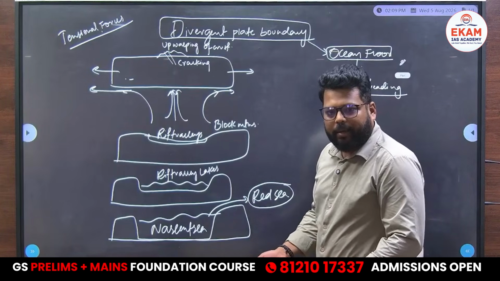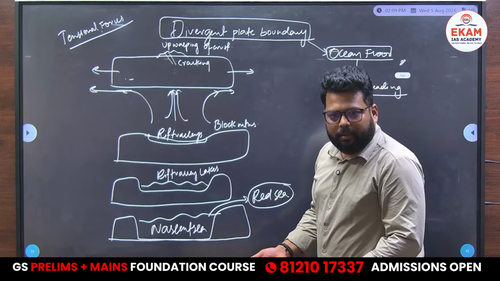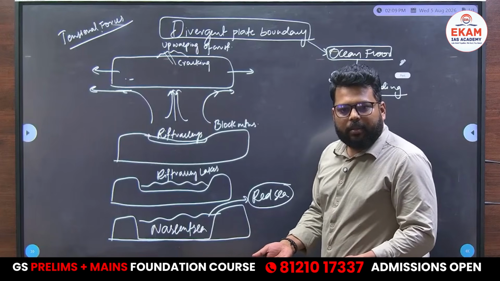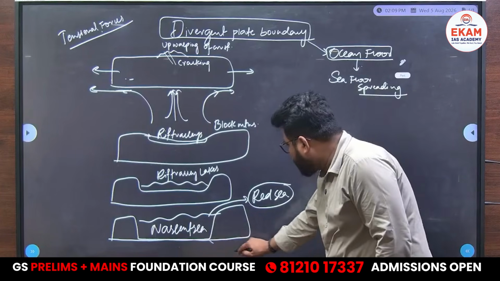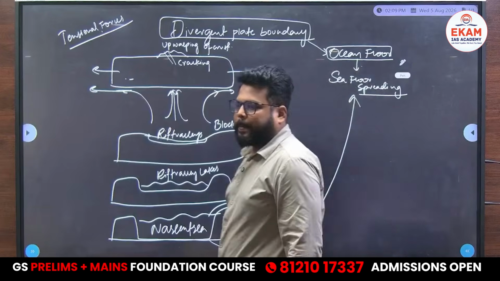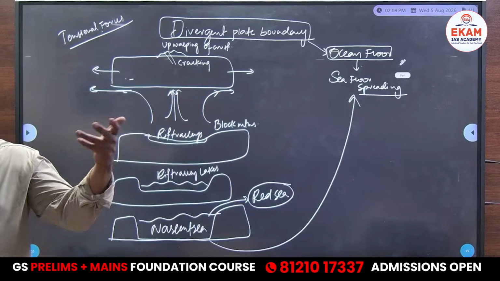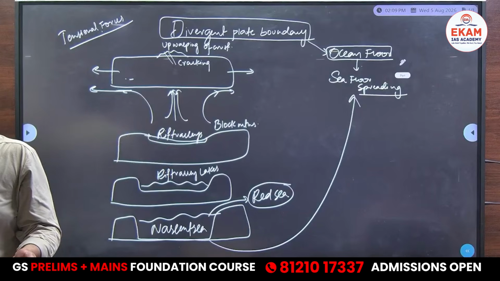Then what would happen? The divergent plate boundary is applied. What would happen? There is construction of new crust. Yes or no?